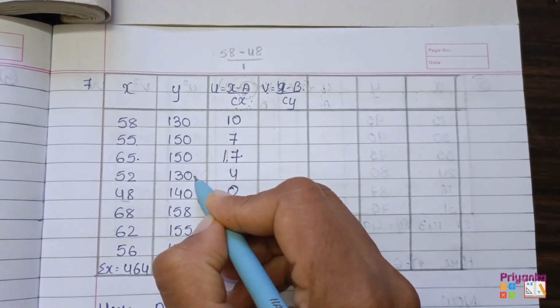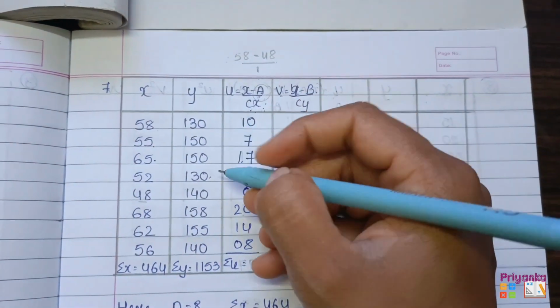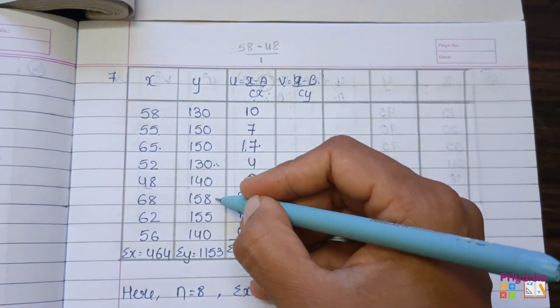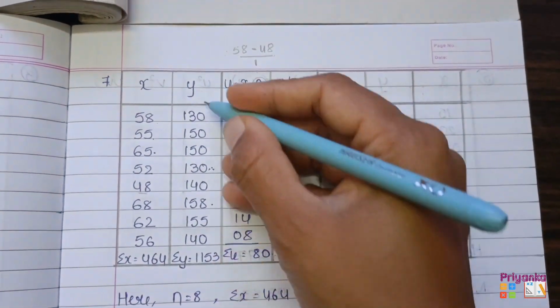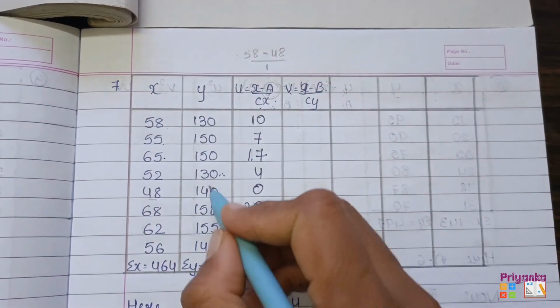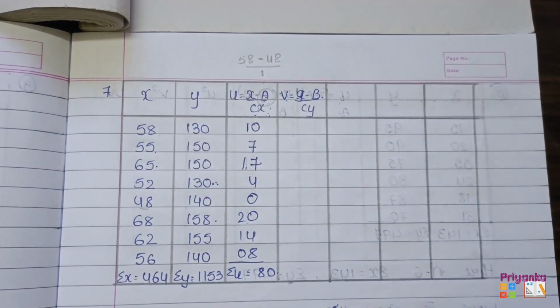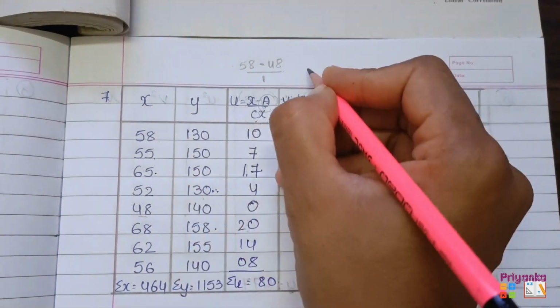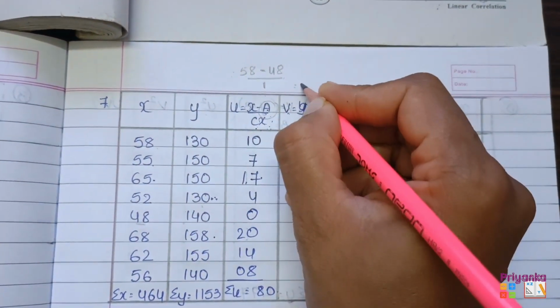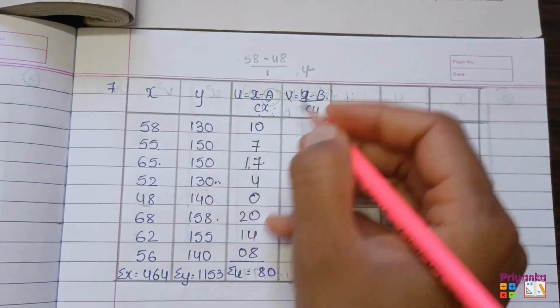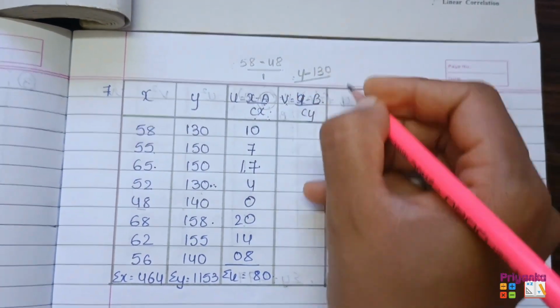I am selecting here. Here you can see the smallest value is 130 and the largest value is 158 out of this column. So here you can select the less one. At least the same reason you will not get any answer in minus. So here I am going to select y as it is. I'll take the y, but the b, that is I am taking 130 and cy.